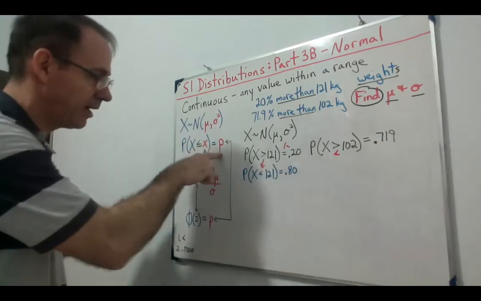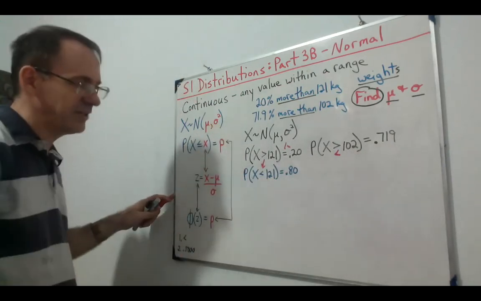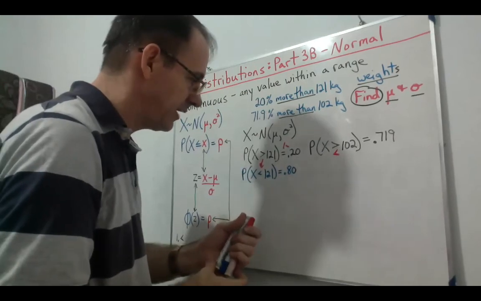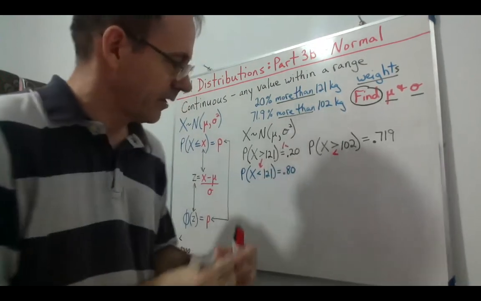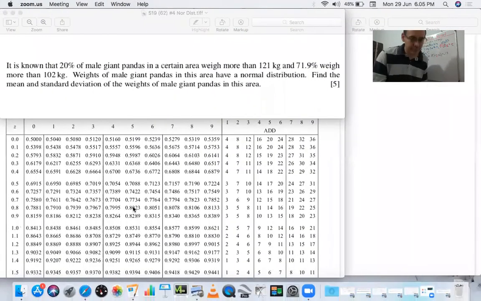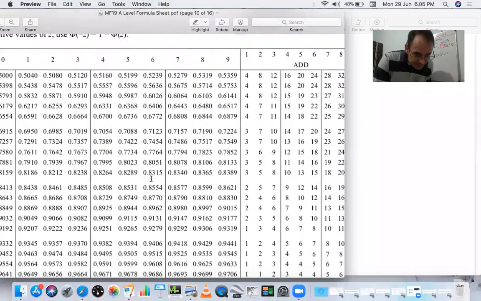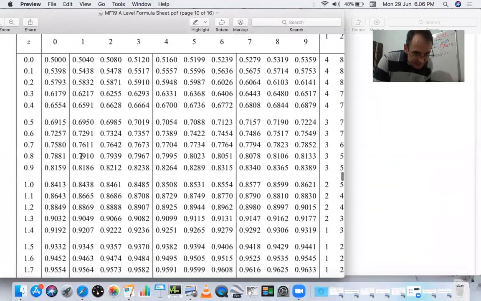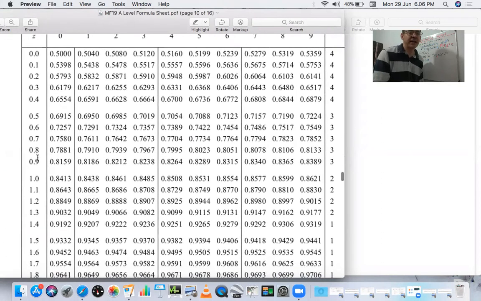Now we want to take our probability that we can use, and go backwards into our phi z chart. So let's first look at this 0.8, and go to our phi z chart. Here's our phi z chart. Let's pull this up and make it a little bigger. We're looking at 0.80. Here's 0.7995, and this one's already 0.80. So we need to find the z value.